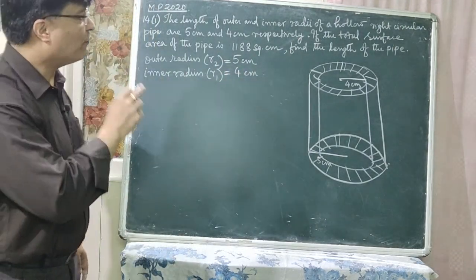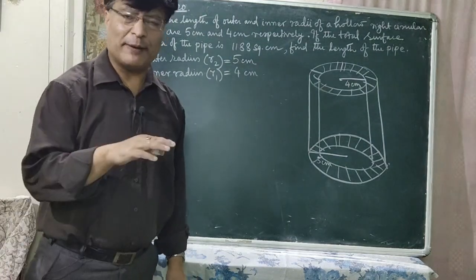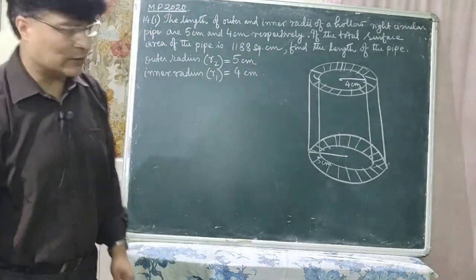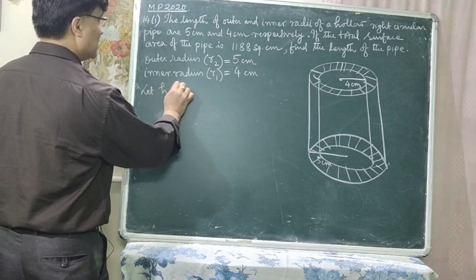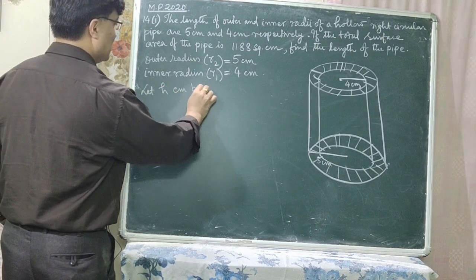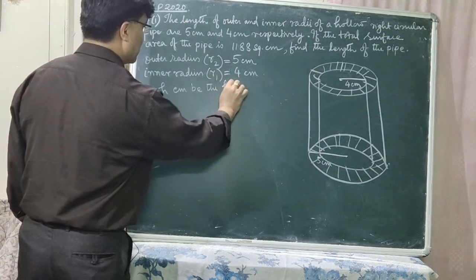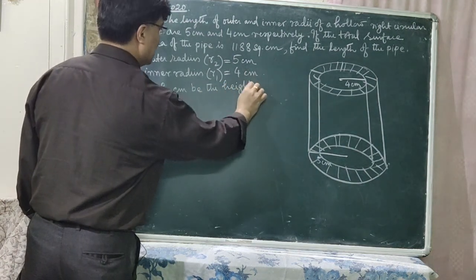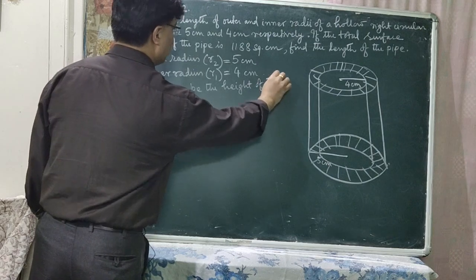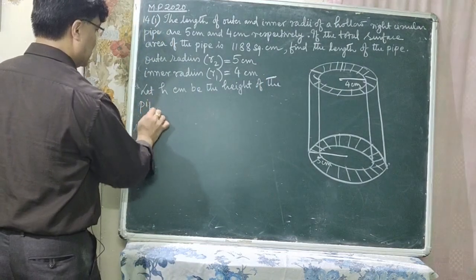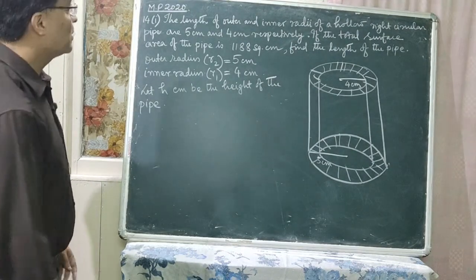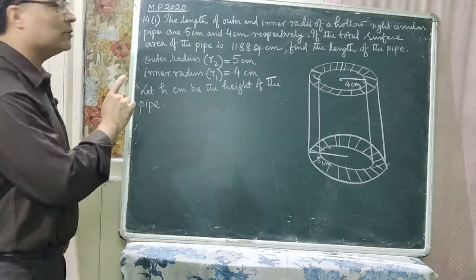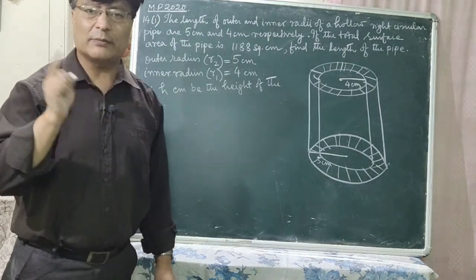Okay, so you have to find out the length of the pipe. Length of the pipe means height of the pipe. Okay, let h centimeter be the height of the pipe. Is that clear? Now let us write down the total surface area of the pipe.